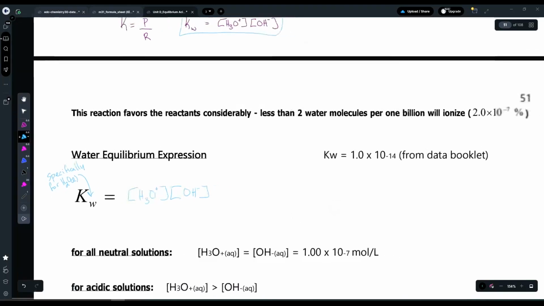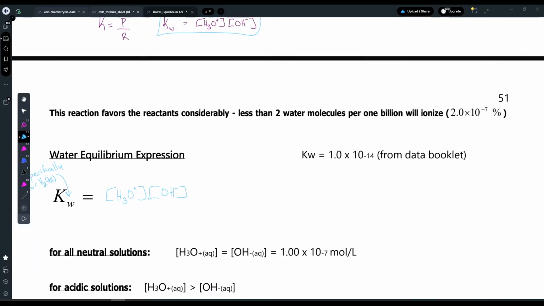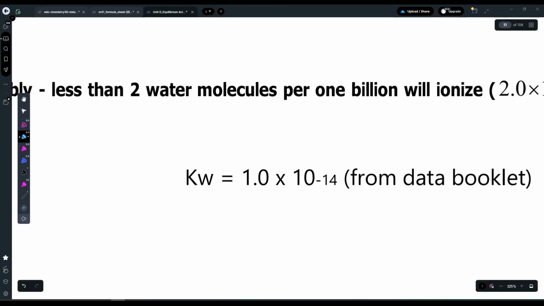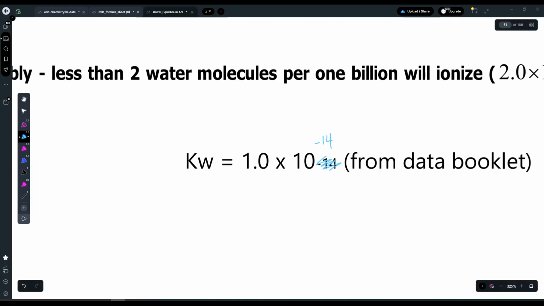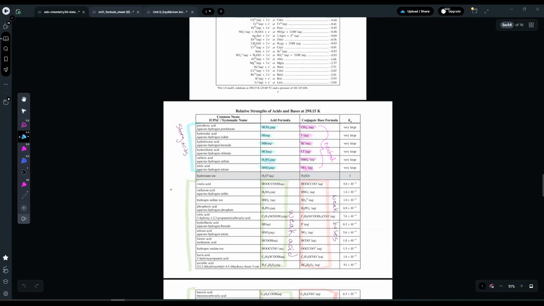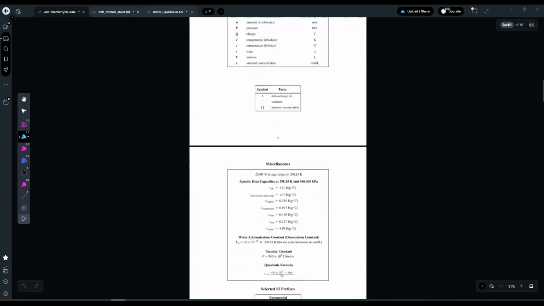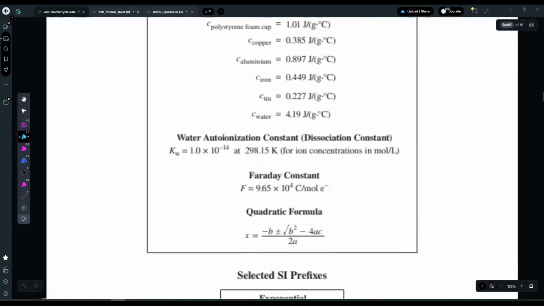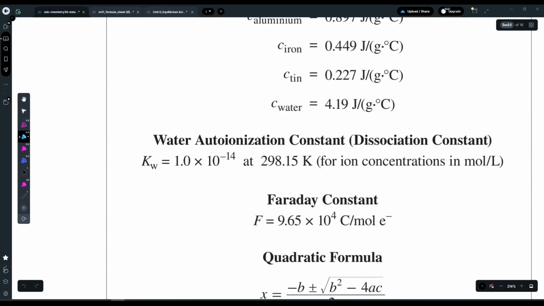Now it says here off to the right that the equilibrium constant for water is 1 times 10 to the power of negative 14, so we need to adjust this so that it's superscript. You don't have to memorize this constant. You can find it in your data booklet on page 3. You'll find it right here.